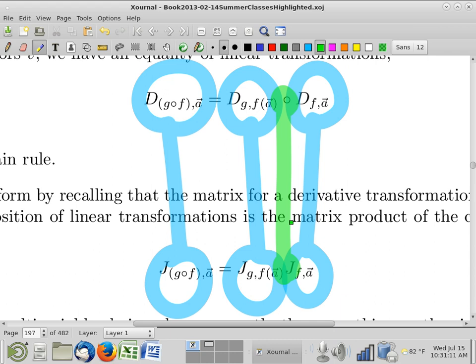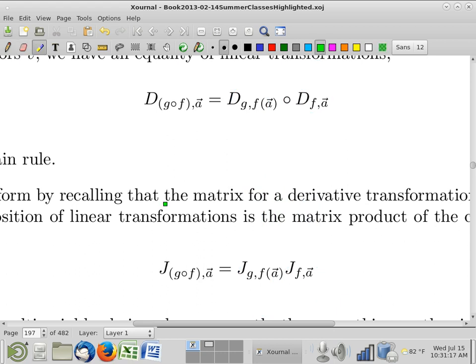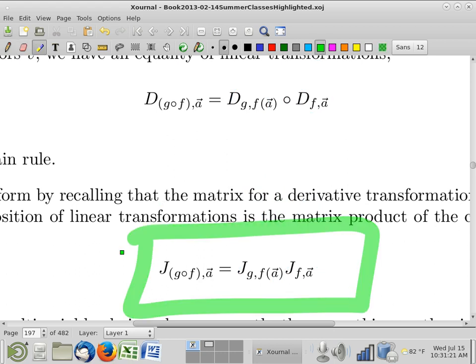That was in some sense our definition of matrix multiplication. So an alternative and more practically useful version of the chain rule is this: these matrices of partial derivatives, the Jacobian matrix of the composition is the product of the individual Jacobian matrices. Okay. All right.